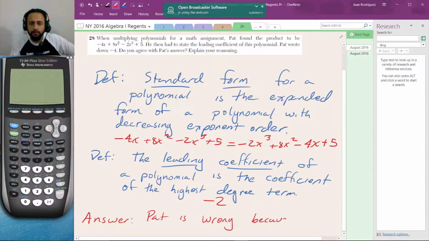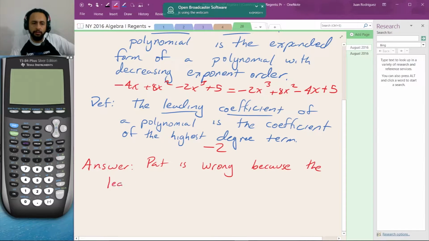So Pat is wrong because the leading coefficient is the coefficient of the highest degree term.